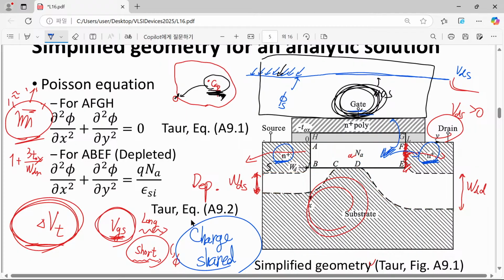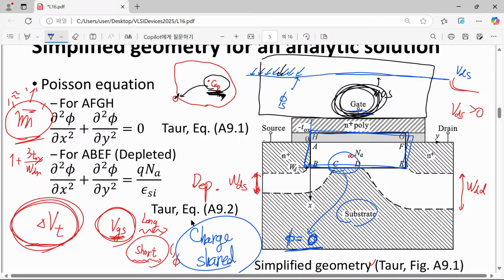Anyway, let's come back. Now we consider a small rectangle box shown here, and CD corresponds to the substrate, the border between the depletion region and substrate. In this case, of course, we say that the potential bending is just 0. Please note that when we say phi equal to 0, we are already using the convention by Professor Tower.